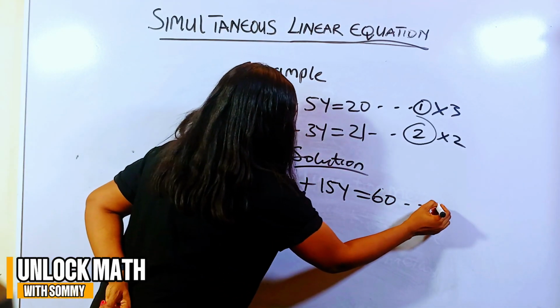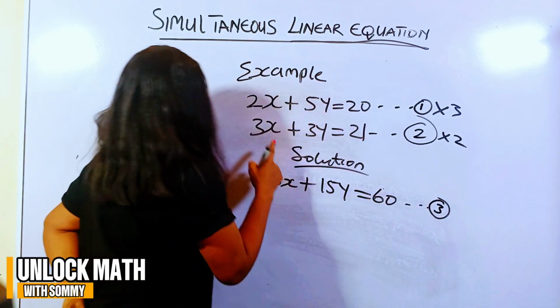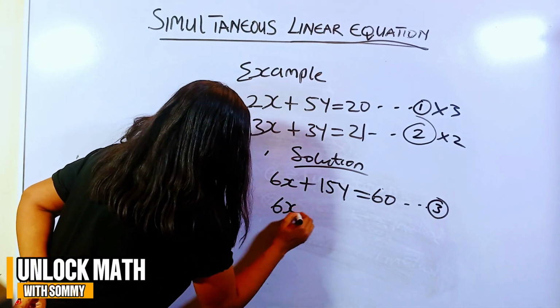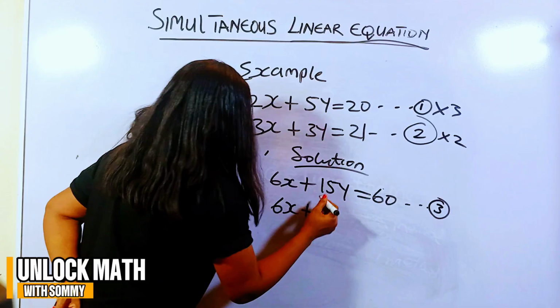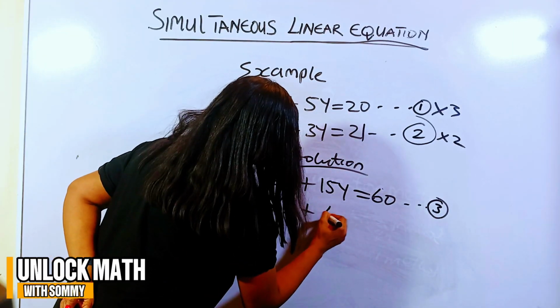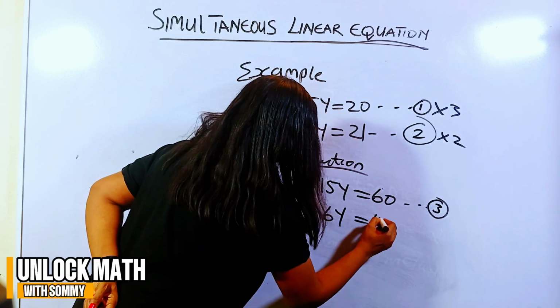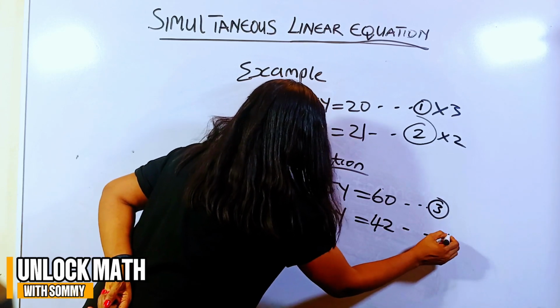Let's call this equation 3. Next, 2 multiplies 3s, we have 6s, plus 2 multiplies 3y, we have 6y, which is equal to 2 multiplies 21, we have 42. Let's call this equation 4.